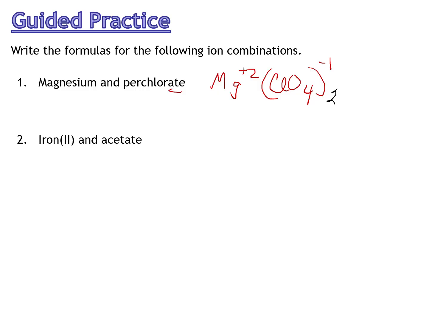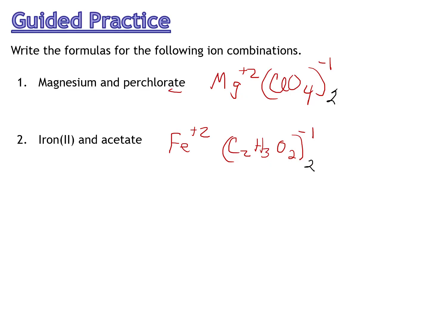Then we have iron 2 and acetate. So we've got iron with a +2 charge. Acetate's that really long one, so C2H3O2, put the whole thing in parentheses, and it has a -1 charge. So when we do the swap and drop the top numbers, we end up with Fe(C2H3O2) twice.